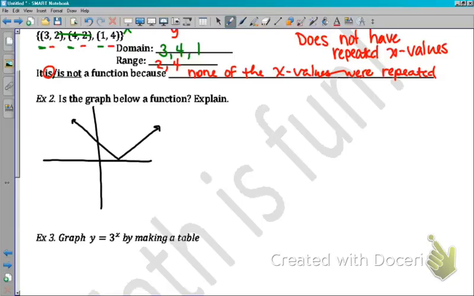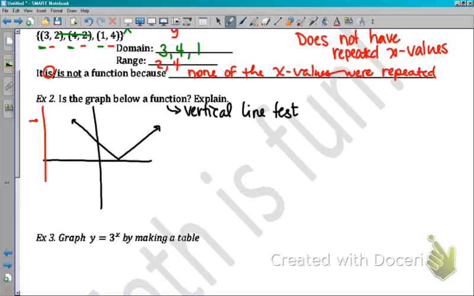Now besides looking at all the x values, we learned something called the vertical line test. So what you're going to do is you're going to use your pencil or your finger, something like that, and you're going to go across, okay?